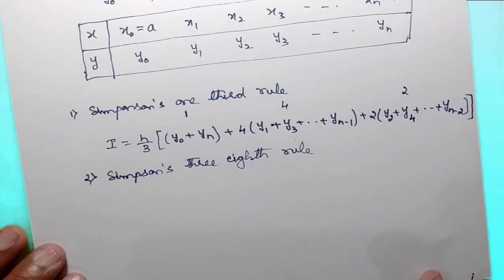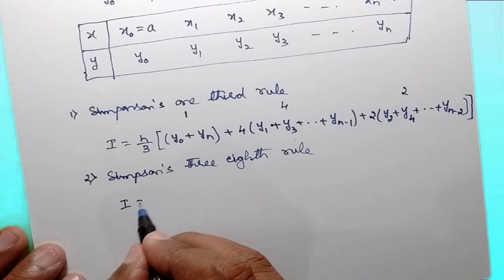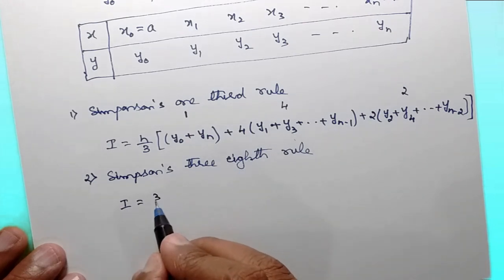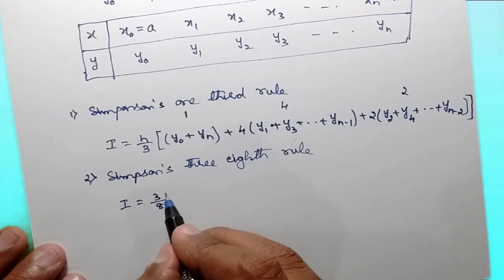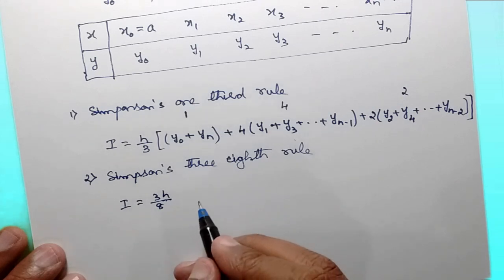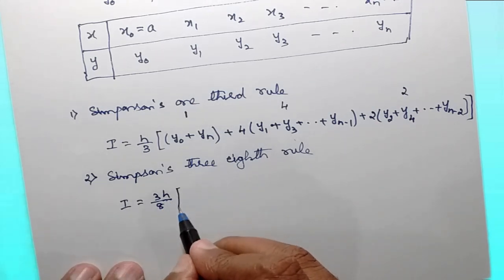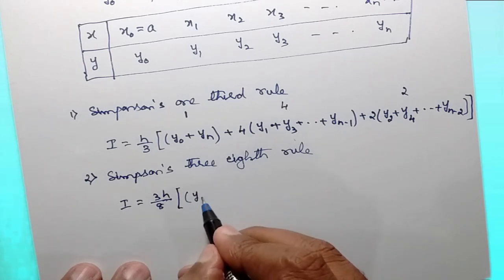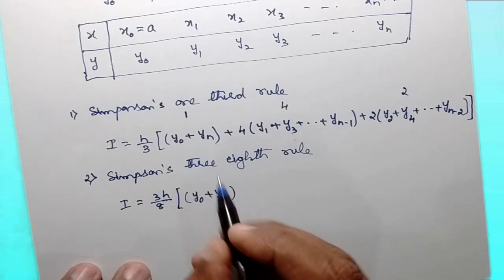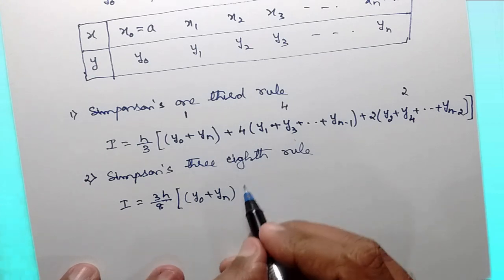Simpson's 3/8 rule. Because it is 3/8, we will be getting 3h by 8 times of: you are going to write down y0 plus yn. This term will remain the same, y0 plus yn.